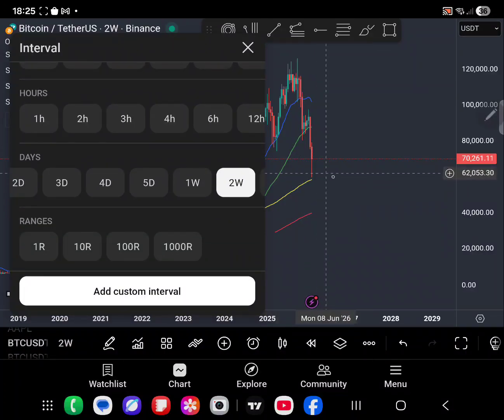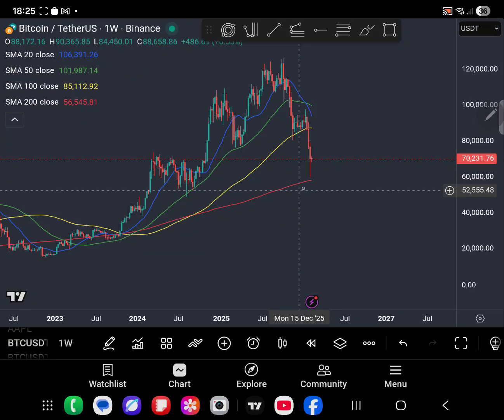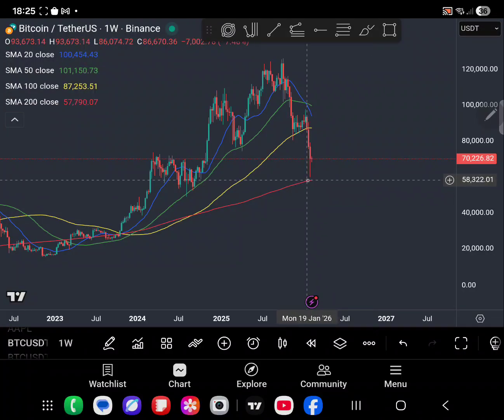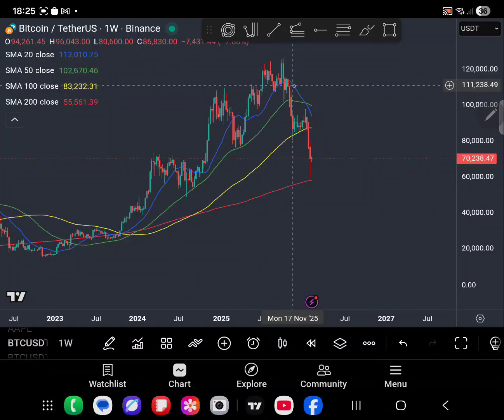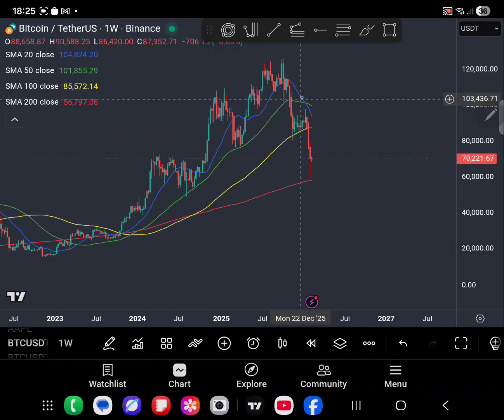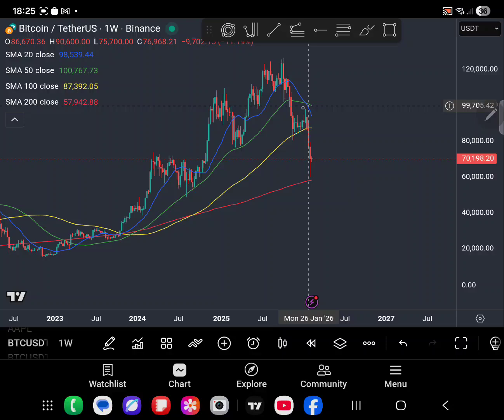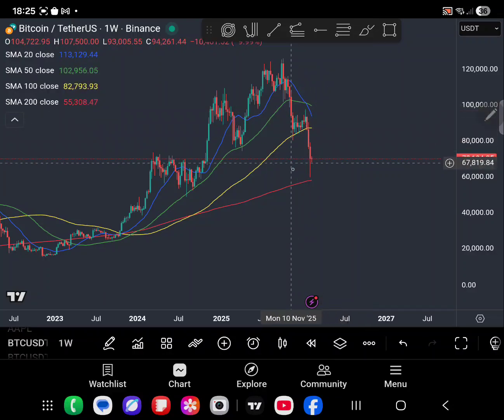levels, interesting price levels. So if I look at the 1 week, you can see it's down at the 200 moving average, okay? And up here you can see how the 20 has crossed below the 50 moving average.